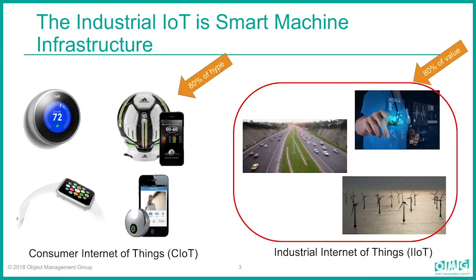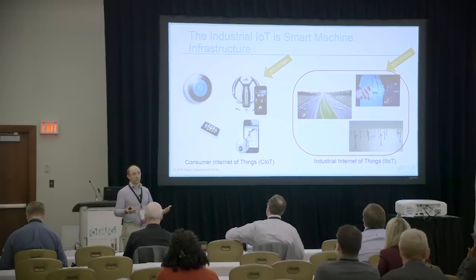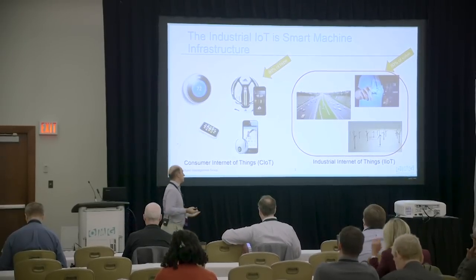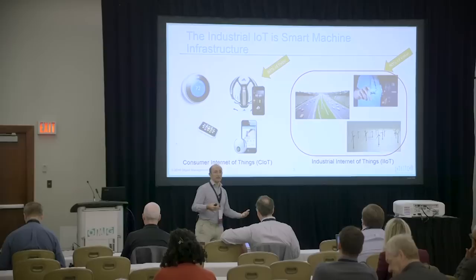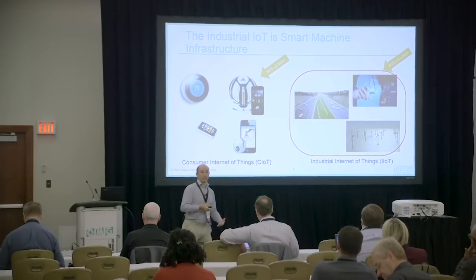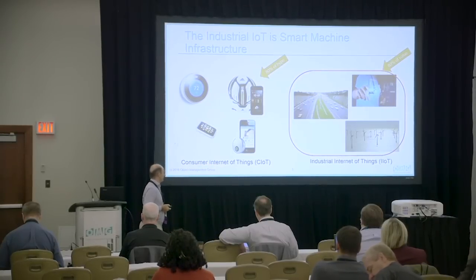Now, that's about 80% of the hype, I would say. Most people think about that when they think about IoT, but really, most of the value of IoT is going to come in the industrial side, the industrial applications. How is it going to help transportation, energy generation and distribution? How is it going to help healthcare and so forth? And that's what I'm going to be covering a little bit in my presentation today.